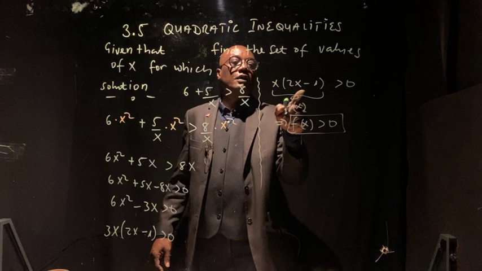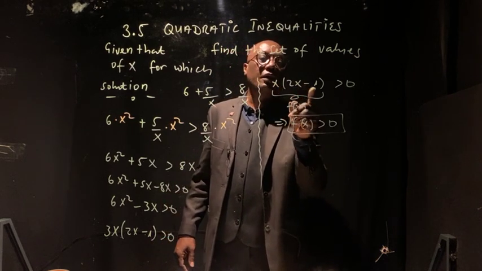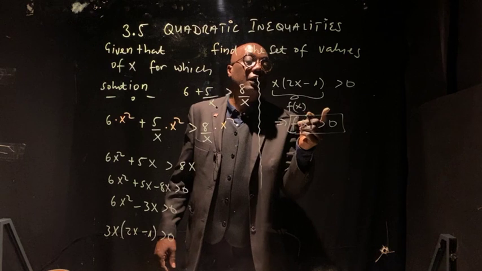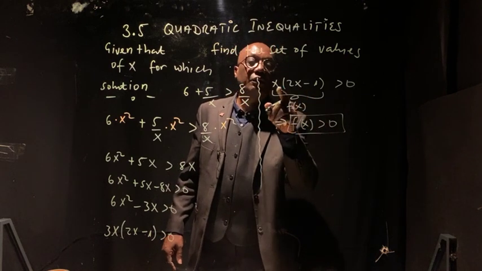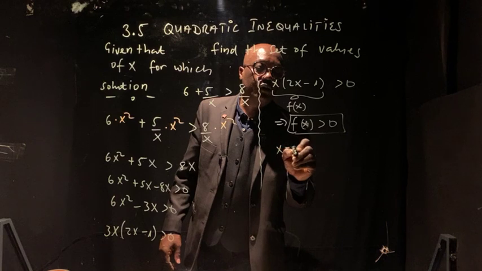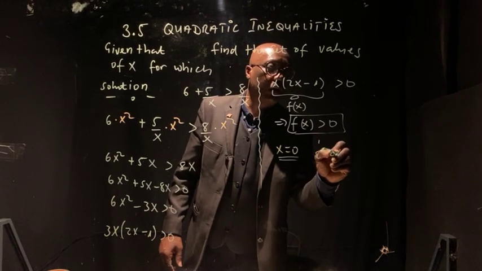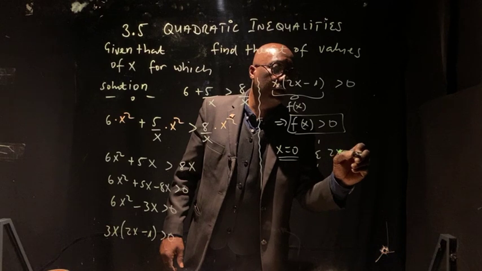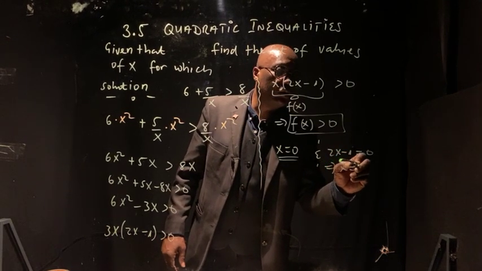So the factors of x, when the curve crosses the x-axis, will be x equal to 0 and 2x minus 1 equals 0, which indicates that x is equal to half.